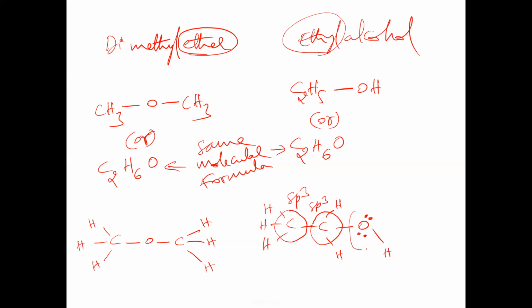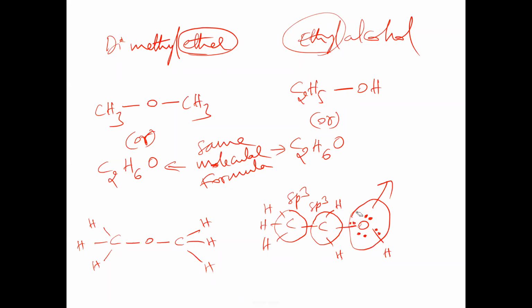What is the hybridization here on the oxygen? Totally how many electron pairs around this oxygen? In the OH bond, 1 bond pair is there. In this OC bond, 1 bond pair is there.